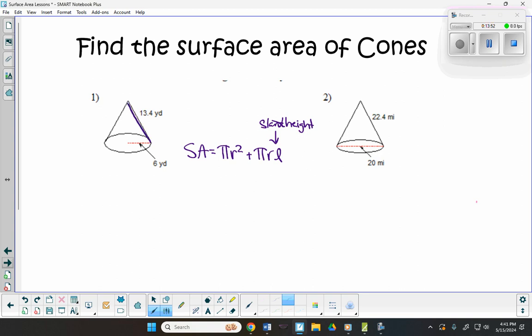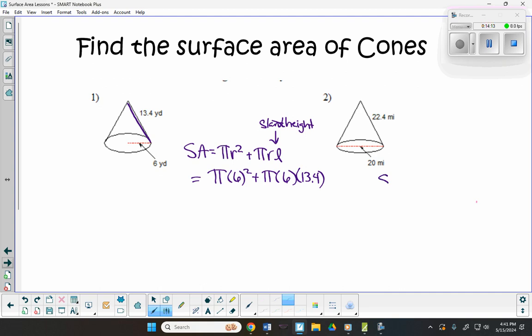That's your slant height. So then you just plug in the numbers. So it's pi times the radius here is 6 plus pi times the radius is 6, and then the slant is 13.4. And then you can type that in. And just for time's sake, I'm not going to type it in, but you can plug that into your calculator.